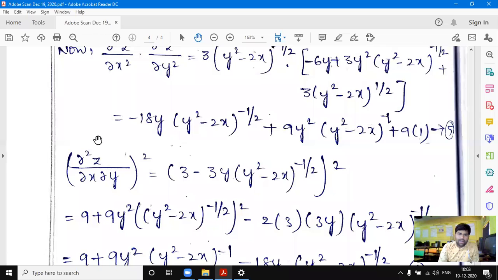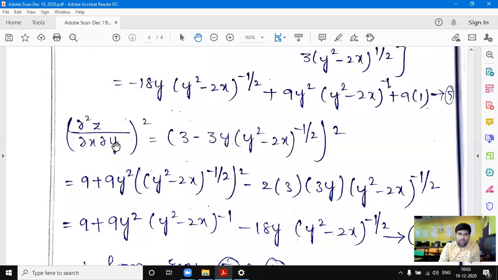Okay, next, on the RHS side, (∂²z/∂x∂y) whole square is there. So ∂²z/∂x∂y, from my previous problem, is (3 − 3y)(y² − 2x)^(−1/2). In the first problem we found this value, and ∂²z/∂y∂x we also got the same, this only.